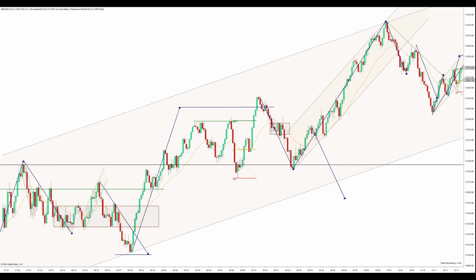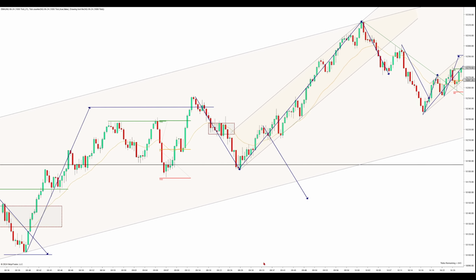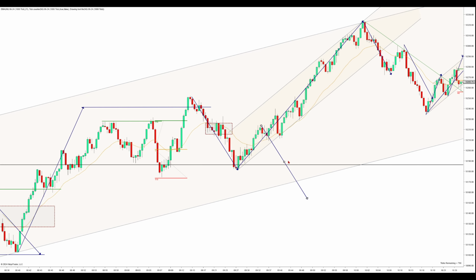So price could easily start fading back in. And if price started pushing back in here, you could get a failed second entry that still has room to the measured move. That could be good, but in this case you have the trend line to worry about as well. But either way, it doesn't even do that. It just continues on higher there.